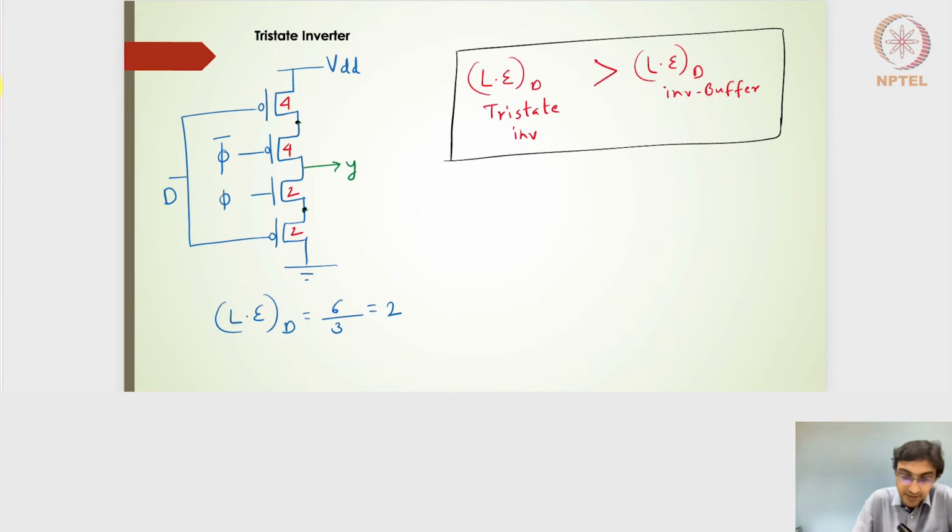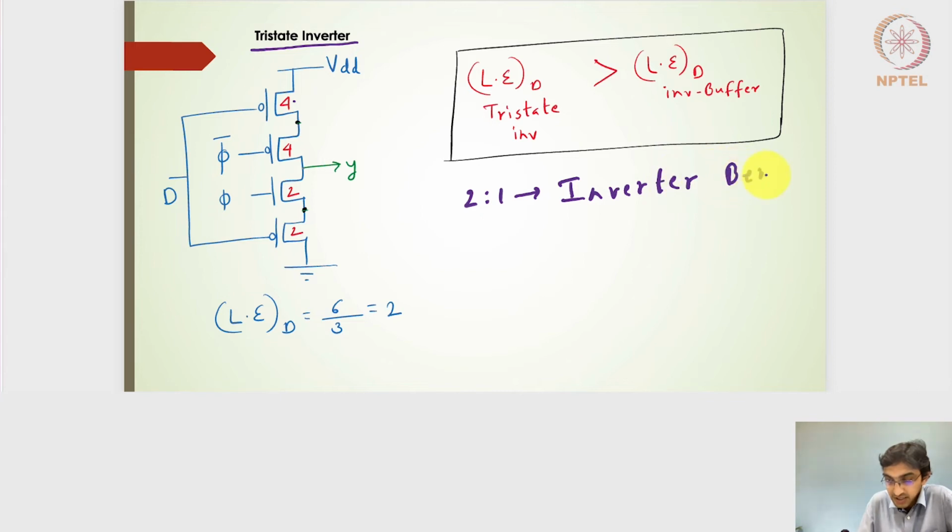Right, hope this is clear. For the Tristate inverter having the same widths of 4, 4, 2 and 2, the logical effort for the D signal is 4 and 2, and my benchmark inverter is actually 2:1, because my falling resistance is R, which gives me a current of I. So I will have a 2:1 inverter as the benchmark inverter.